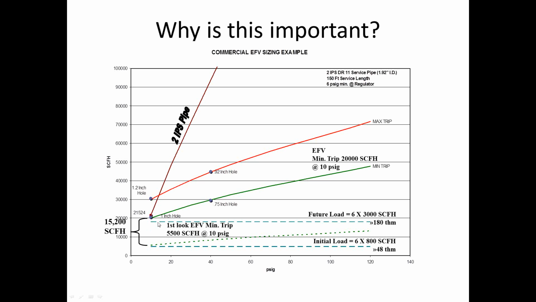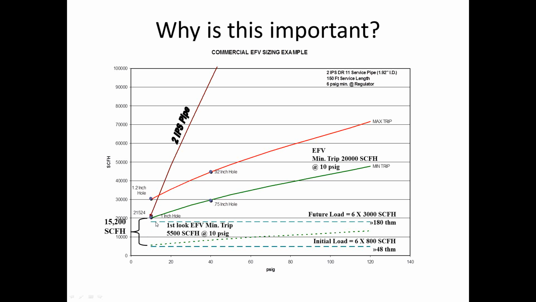So if we were to size up around 20,000 standard cubic feet per hour flow, or be able to handle a 180 therm type of load, now you're looking at an excess flow valve that has a fairly high trip point, and then you have to ask yourself, when is that going to trip? And you can see you have a 15,200 standard cubic feet per hour difference between these 2 points.